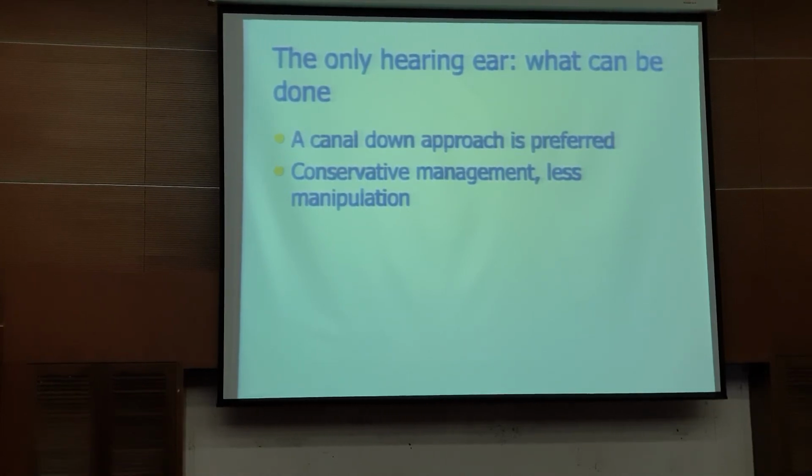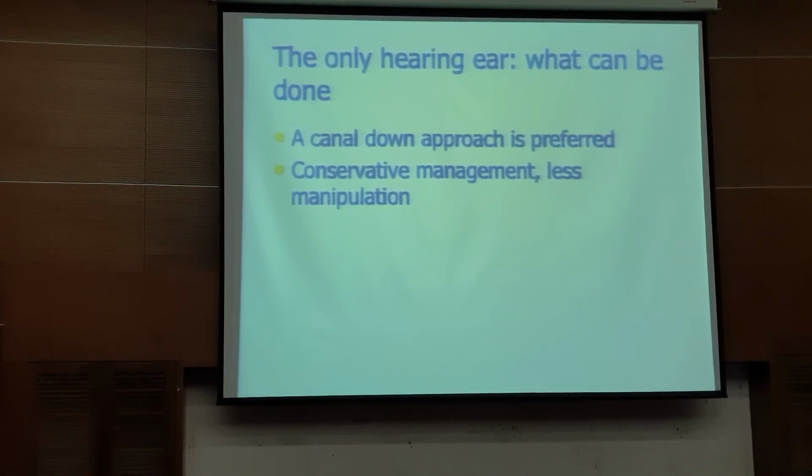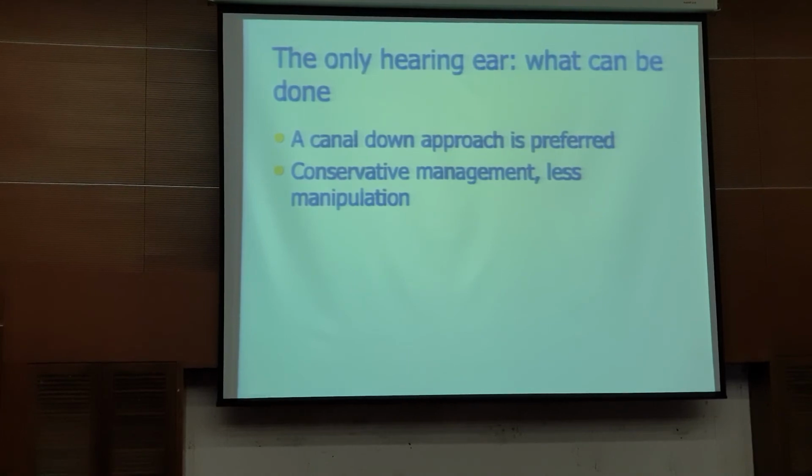So when you have the only hearing ear, the aim is to do a canal wall down procedure, because you need to exenterate all the disease. You don't want to take 2 risks to do 2 operations, and it is more conservative compared to doing a canal wall up procedure and later a second look surgery.